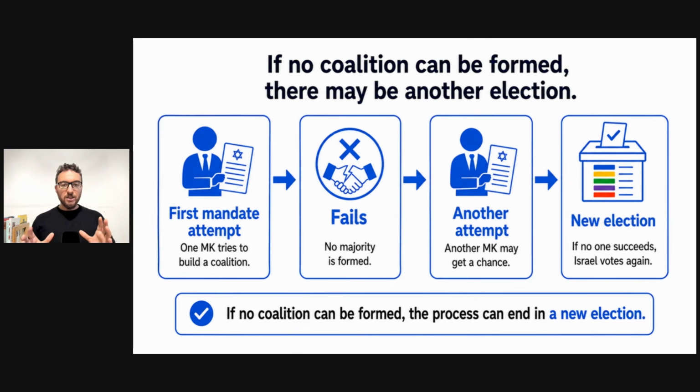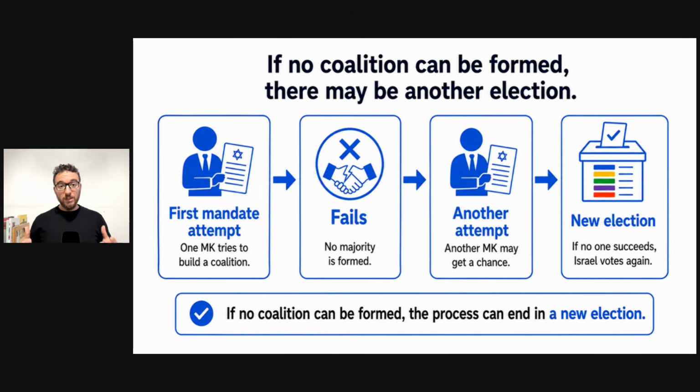And this is one of the ways in which Israel can have elections more often than it should. Because on paper, Israel's supposed to have elections once every 4 years. In practice, we have elections far more often than that. There are a few reasons for this, which don't have to do with the electoral process, so we're not going to deal with them here.